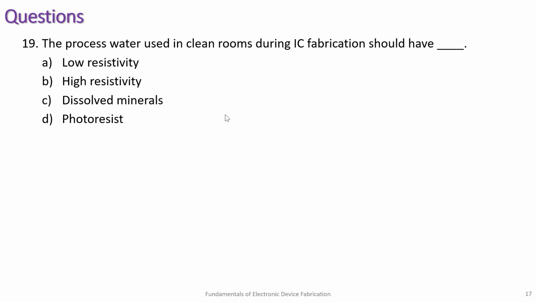The process water used in clean rooms during IC fabrication should have low resistivity, high resistivity, dissolved minerals, or photoresist. The process water, like in laboratories, we usually use some special kind of water. So what is their peculiarity? Do they have dissolved minerals, high resistivity, or low resistivity? What would be the answer?